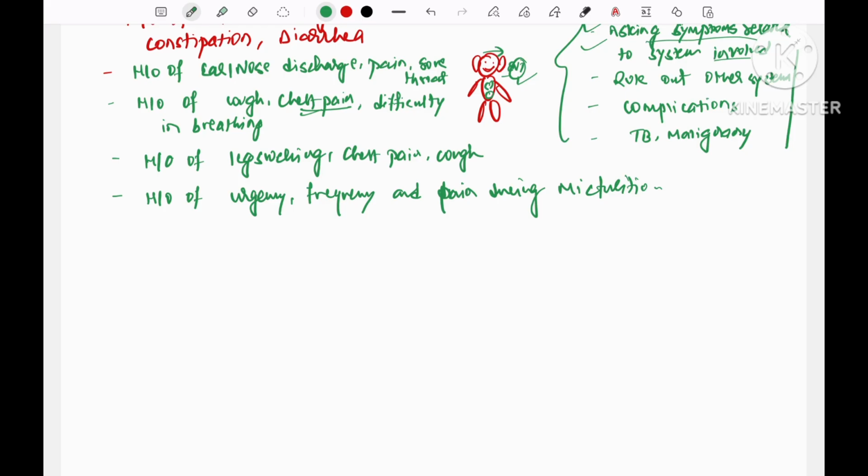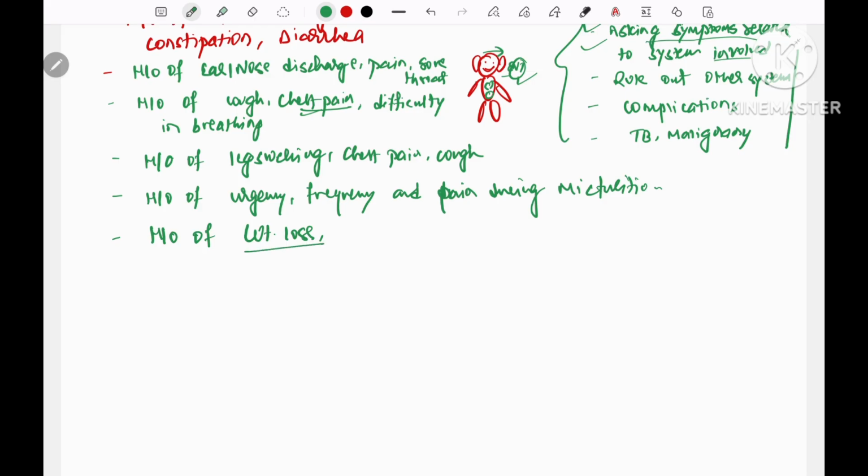And in the fourth point, to rule out any systemic illness, any history of malignancy, we have to ask the history of weight loss. So how will we ask that history of weight loss?